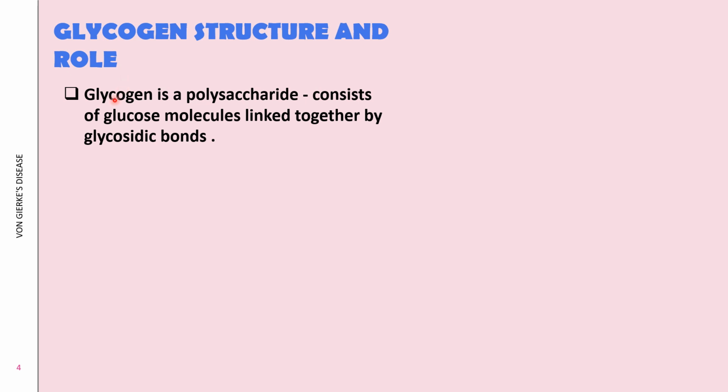So since it is a glycogen storage disorder, let us see the structure of glycogen and its role. Glycogen is a polysaccharide, meaning it has multiple subunits of a monosaccharide molecule, that is glucose, linked together by glycosidic bonds.